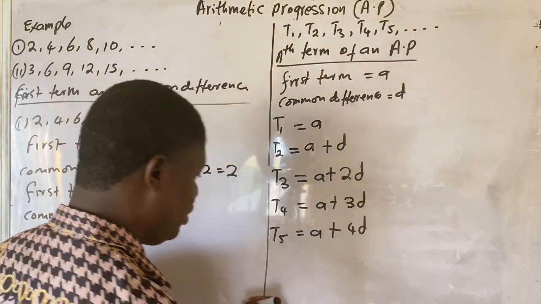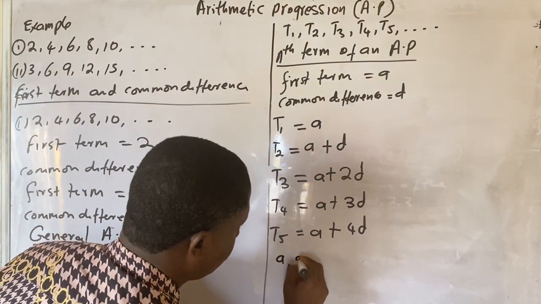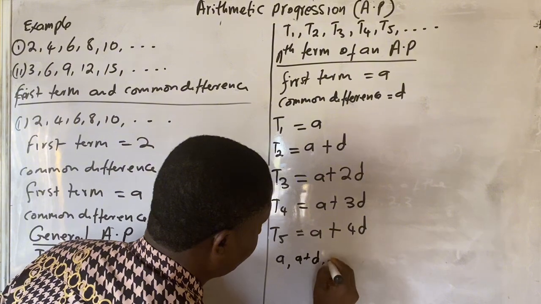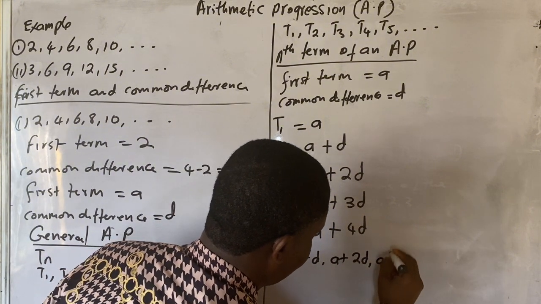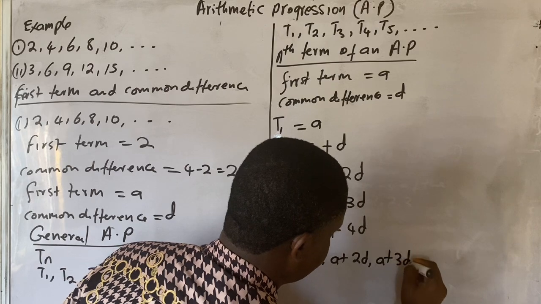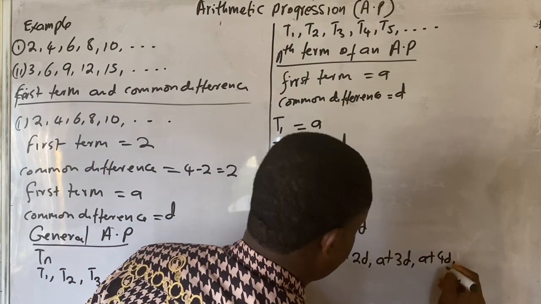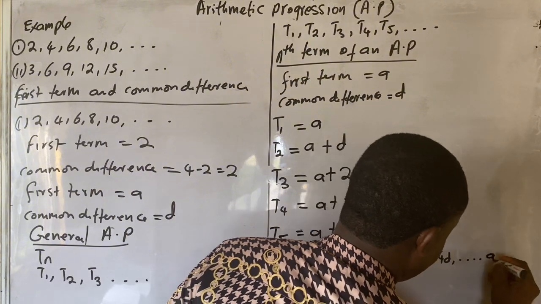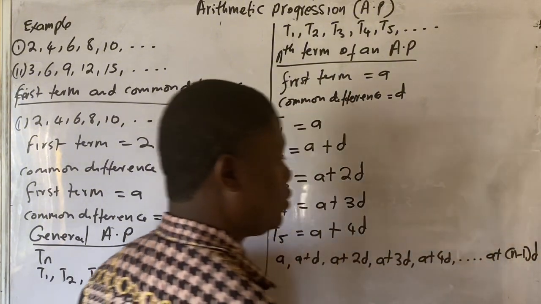Generally, an AP can be written as A, A plus D, A plus 2D, A plus 3D, A plus 4D, and so on to A plus n minus 1 times the common difference.